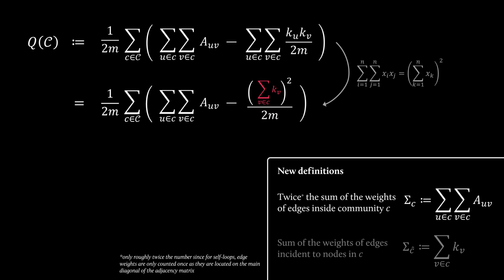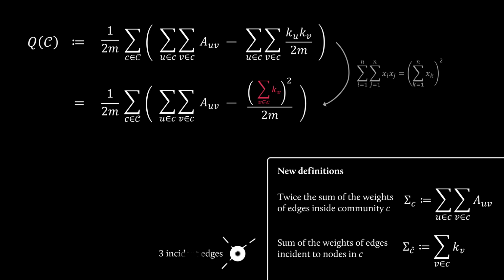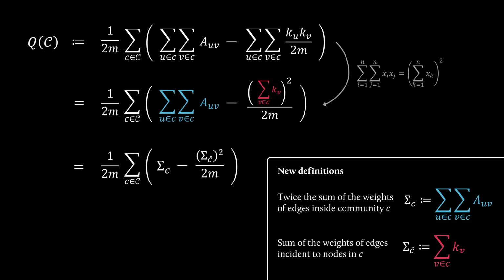And we denote the sum of the weights of edges incident to nodes in C with sigma C hat. Note that incident is just a fancy way to say edges attached to a node. In other words, to calculate sigma C hat, we sum up the weighted node degree for every node in community C. Drop these definitions into the respective places and voila, we have a shorter and more manageable formula for modularity.